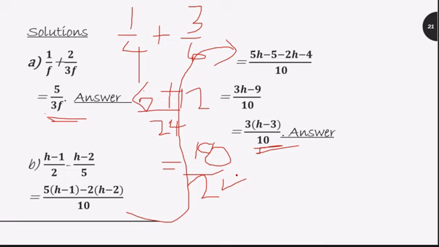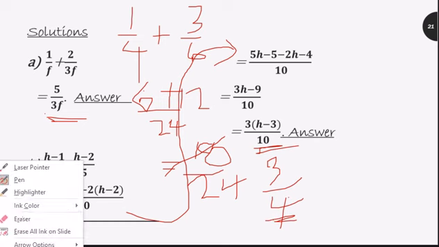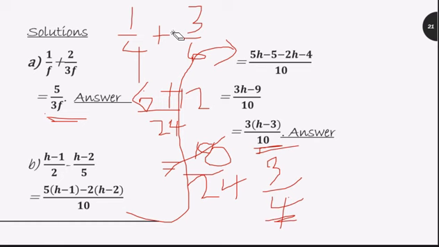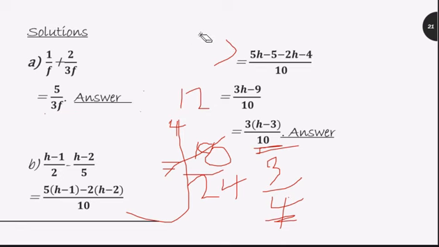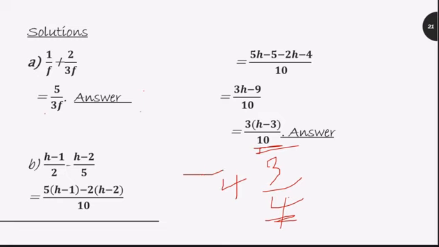That's your answer. In the same way with letters, same procedures are followed when you are handling fractions involving letters. So you'll find that here 1 over f plus 2 over 3f, the same thing, common denominator 3f, and you will get 5 over 3f at the end of the day.